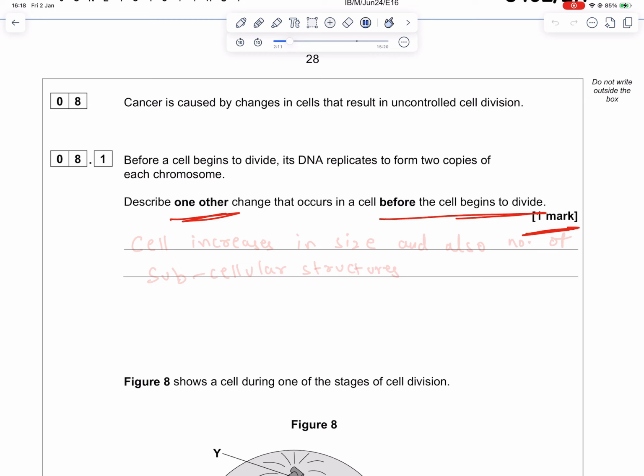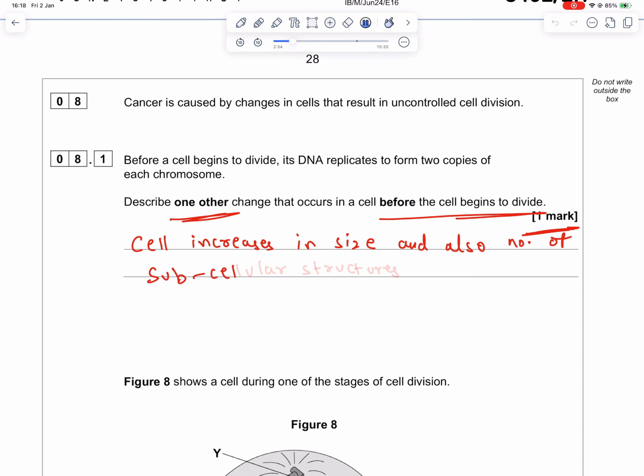Before a cell begins to divide, it must prepare itself. And that one correct change is that the cell increases in size, and also the number of subcellular structures.